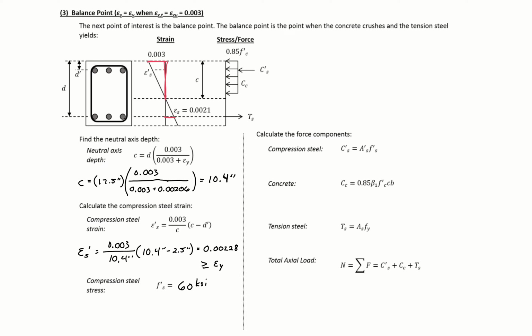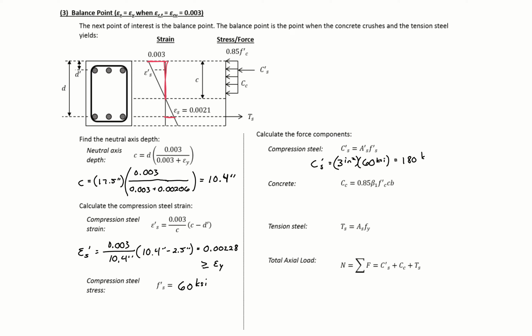We can then find our compression component from our top steel. So 3 square inches times 60 KSI will give us 180.